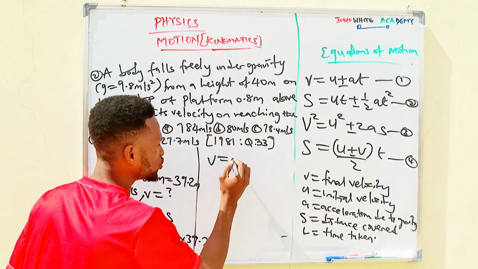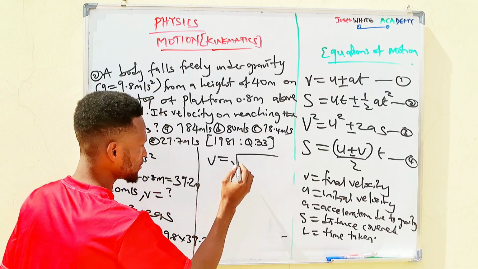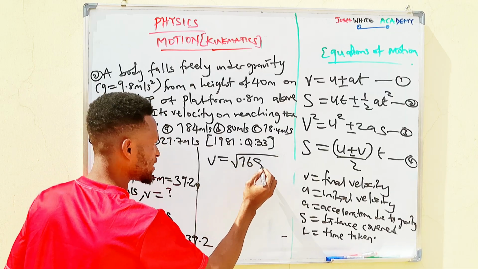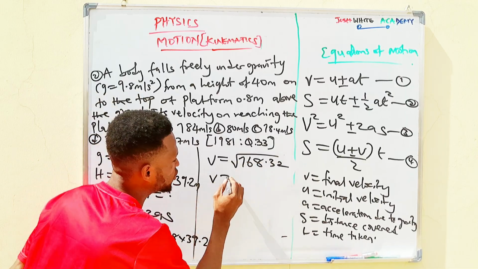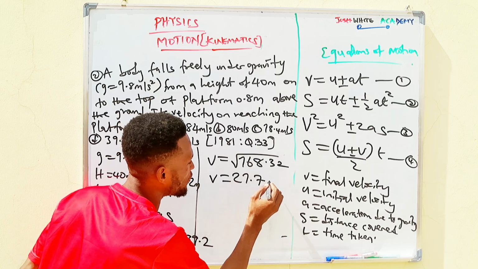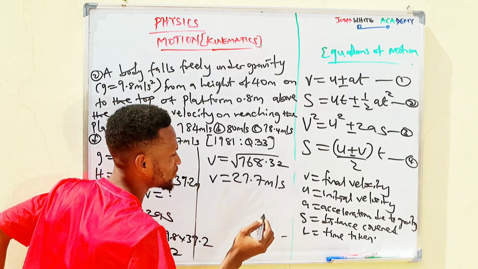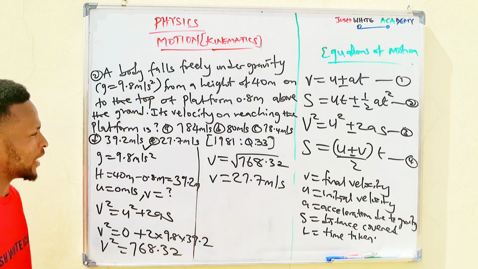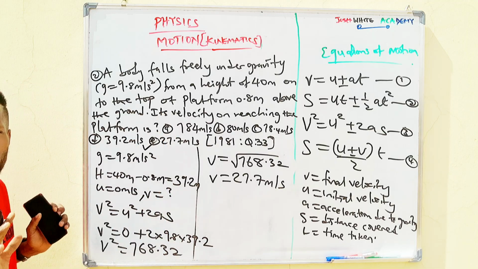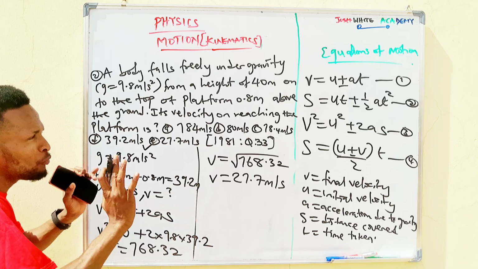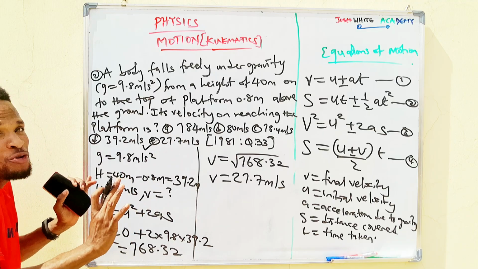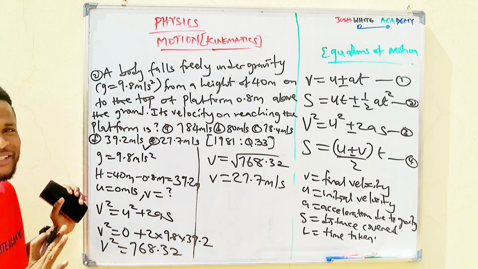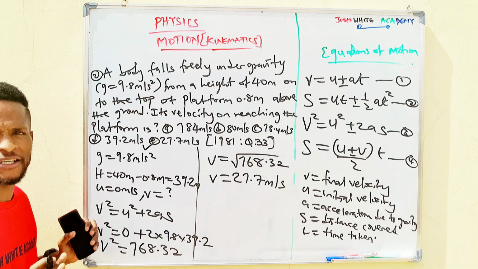So V is equals to the square root of 768.32. So our velocity will give us 27.7 meters per second. This is our answer. So that makes E the correct answer. That's just what you need. Know your formulas, know how to use them, understand the question you're given, and it will be very easy.